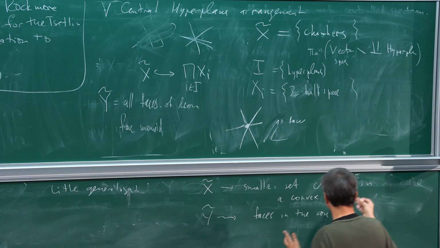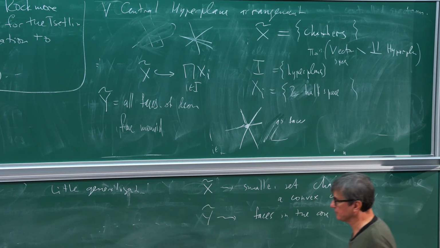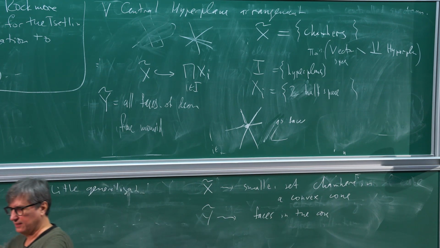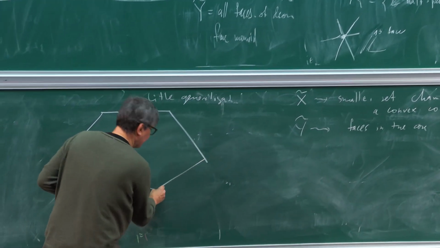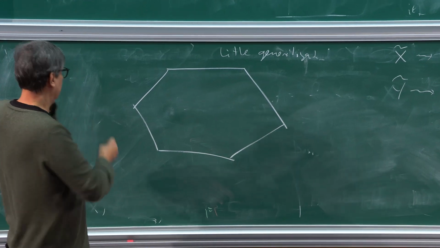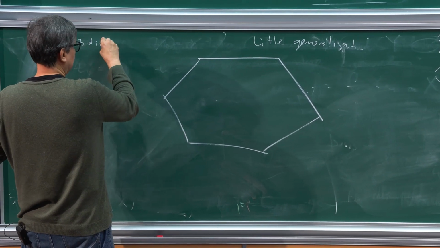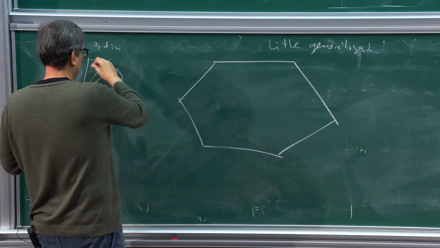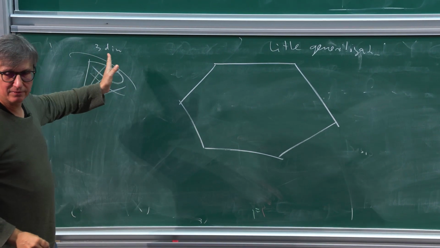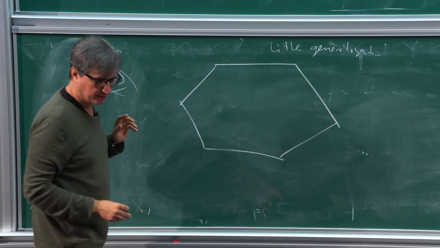In some convex cone with boundaries, some hyperplanes. And then it's more convenient because then I don't see this high space. For example, I have a three-dimensional picture, but I have a cone, I can intersect with the plane, and now I can draw the picture on the plane. So I take an arbitrary convex polygon. It will be in three-dimensional space, but if I have a cone, I can cut it and draw the picture on an affine plane, which is more convenient.